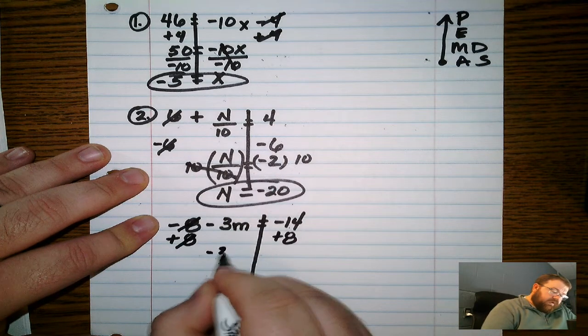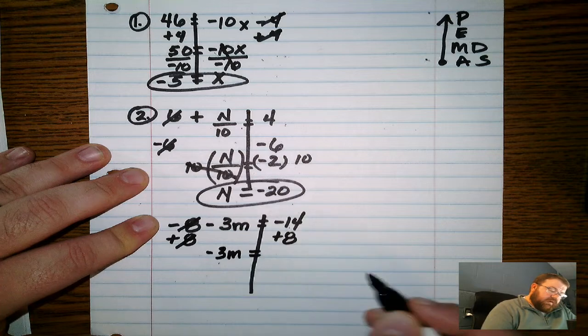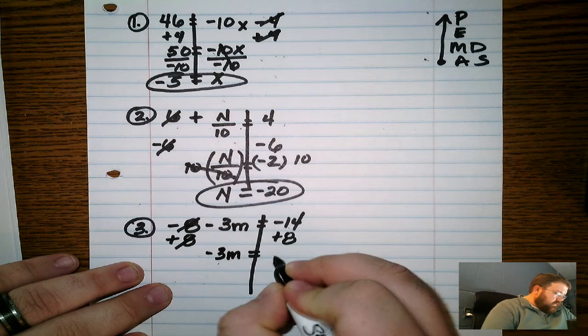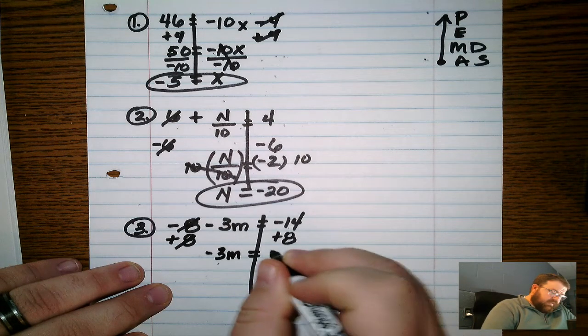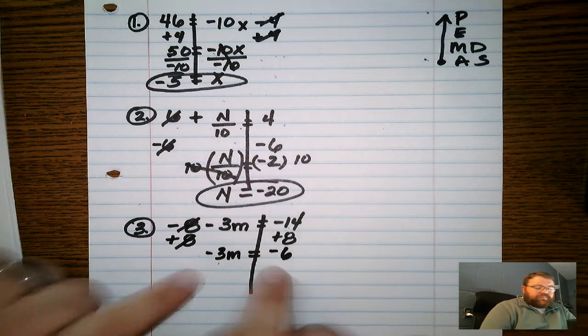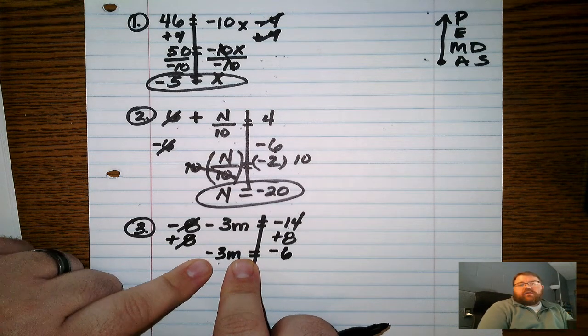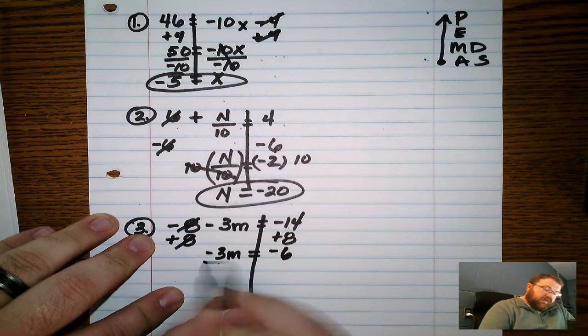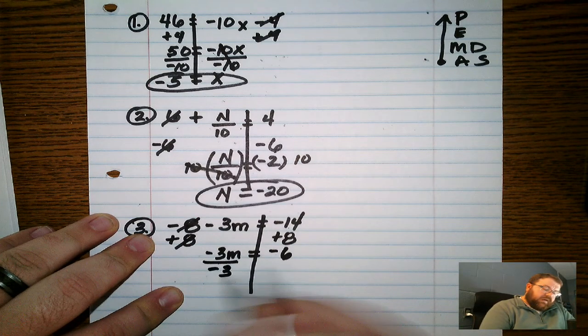Leaves me with negative 3m on the left hand side, and that's going to be negative 6. Now, the negative 3 is sitting right next to the variable m, so that means that it is trying to multiply. I'm going to divide both sides by negative 3.